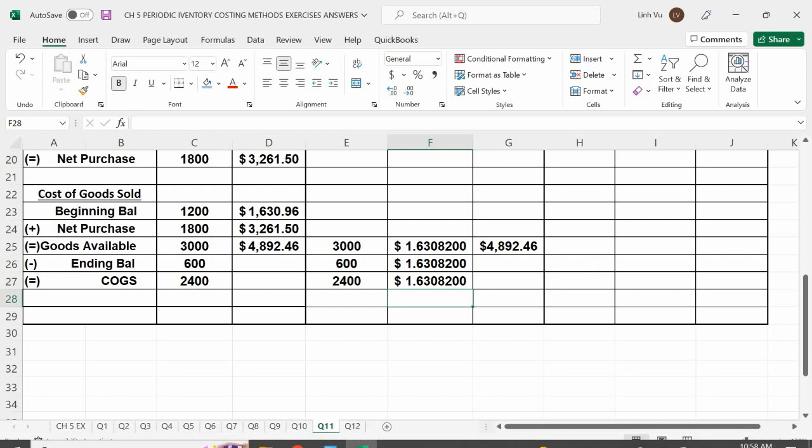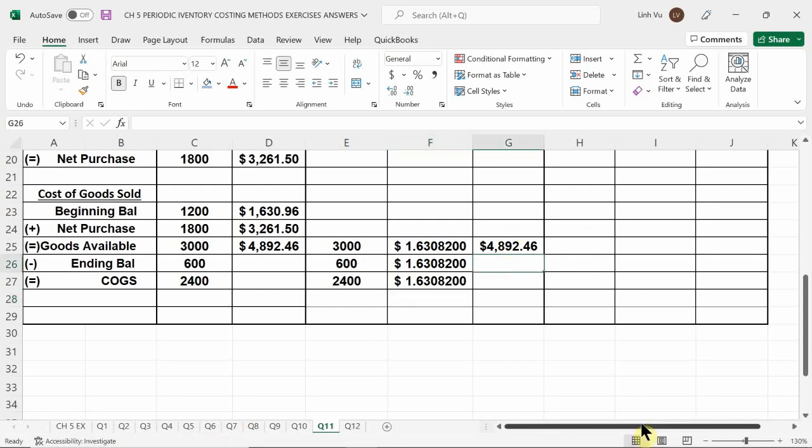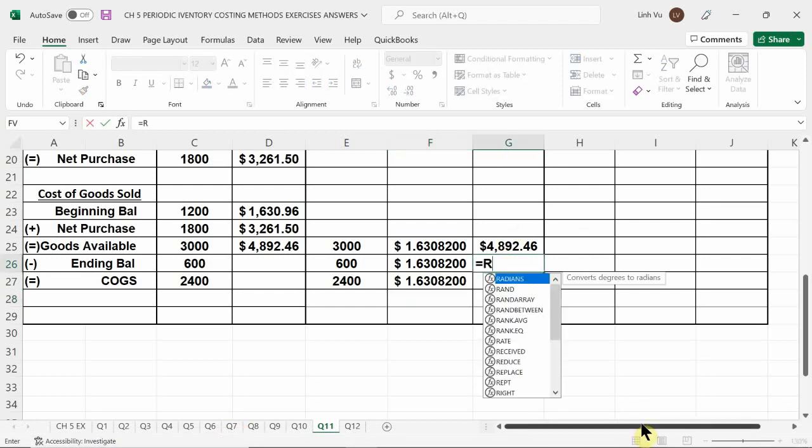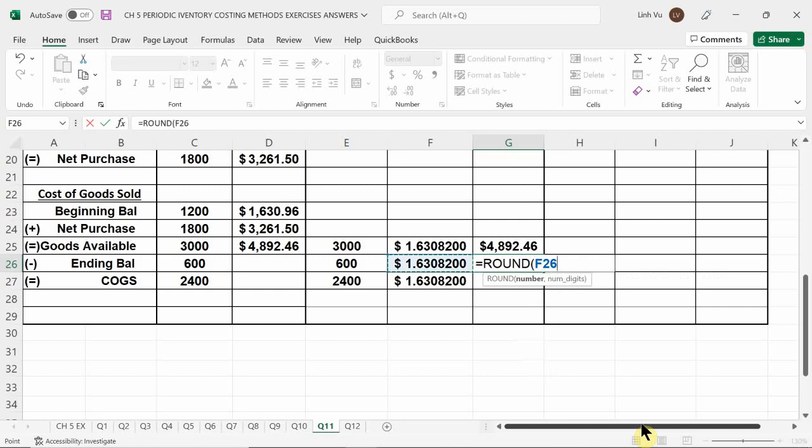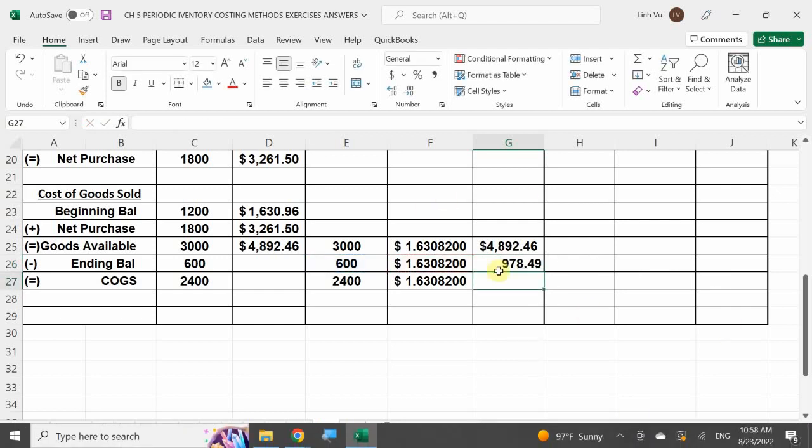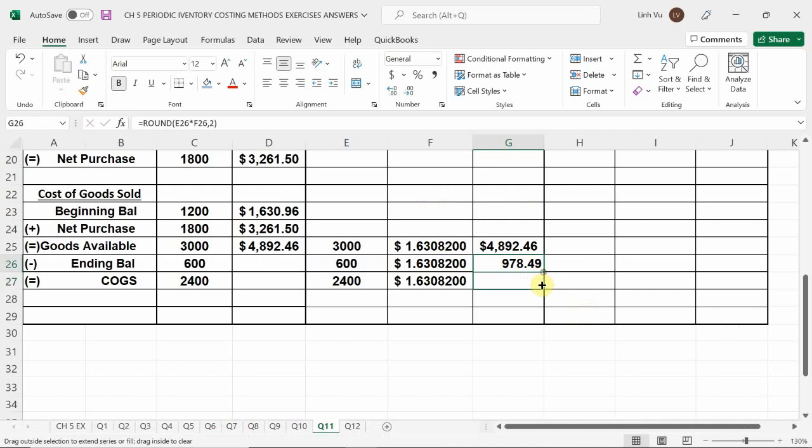So in this case, I can go ahead and calculate my numbers here. I can calculate whichever one I want first, whether it's my ending inventory or my cost of goods sold. Okay? So at the end of the day, whichever one you solve for should give you a rough estimate of the correct answer.